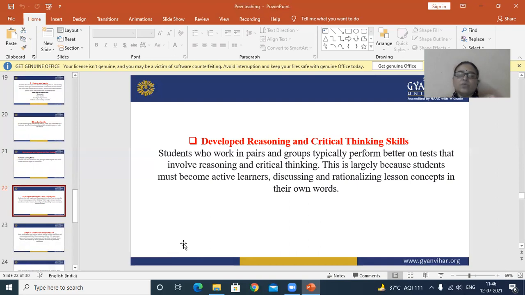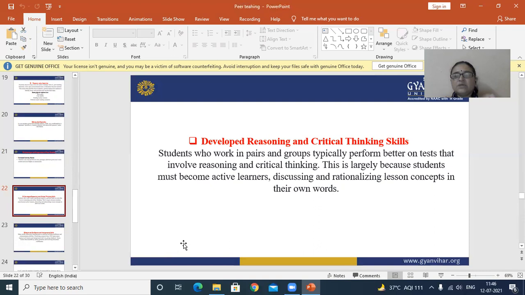Students who work in pairs and groups typically perform better on tests that involve reasoning and critical thinking.